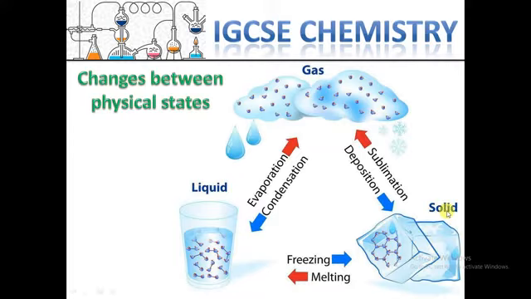Changing from solid to liquid is freezing. Actually, sorry, from liquid to solid is freezing. For example, when you put water in the freezer or fridge, after a while the water changes to ice.